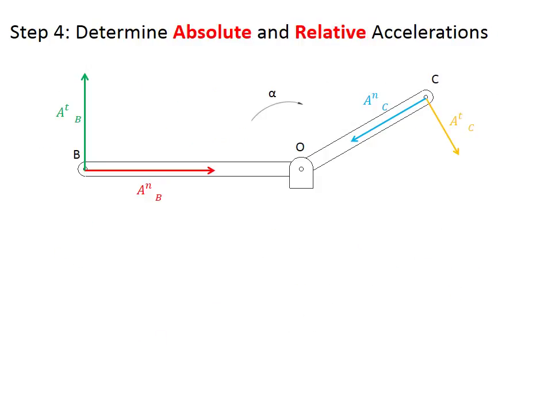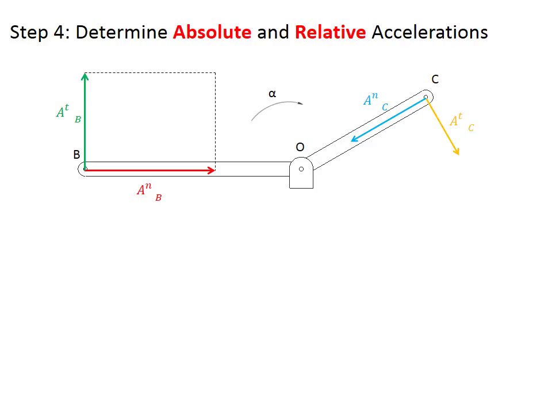The next step is to find out the absolute acceleration of each of these points. The absolute acceleration is the resultant of the tangential and the normal acceleration of each point. So we can add these two vectors, the normal acceleration and the tangential acceleration, to find out the absolute acceleration of each point.